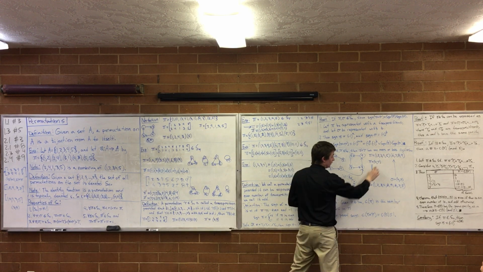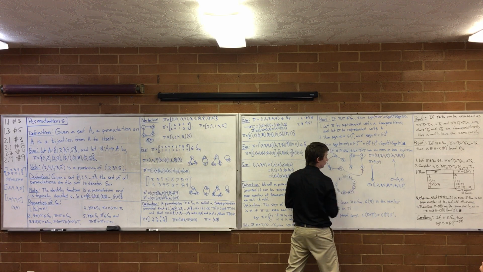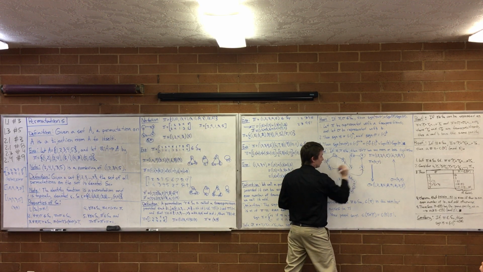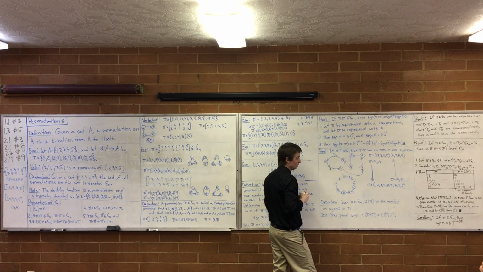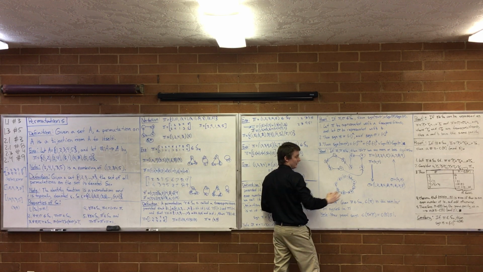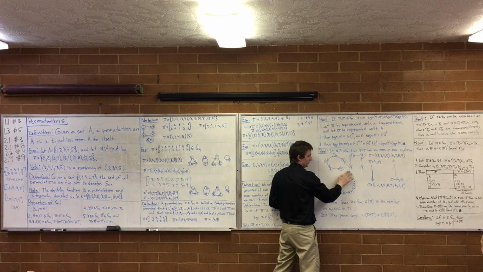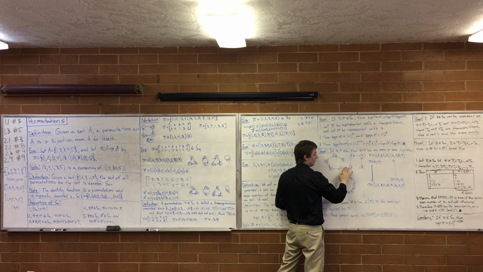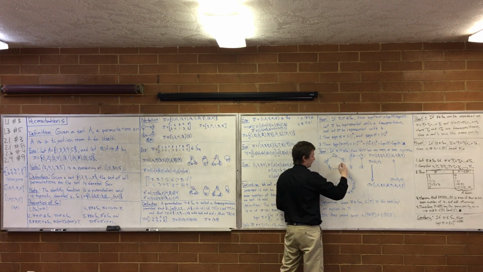And now 7 goes to 4, goes to 5. You see what happened? So that's the intuitive sense as to how that transposition is turning two cycles into one cycle.